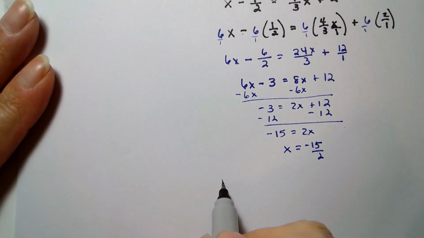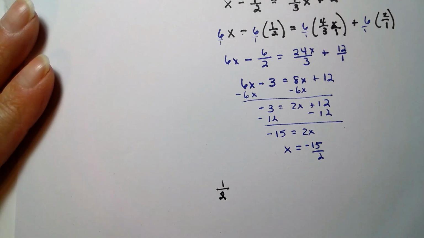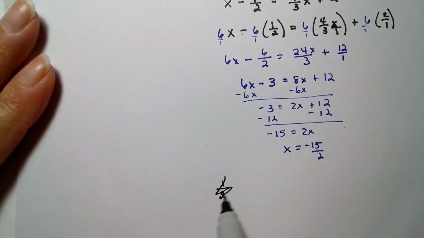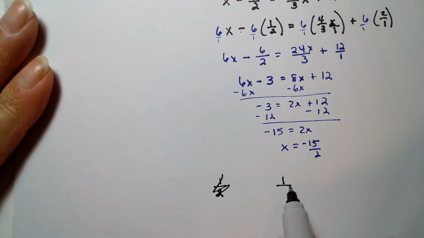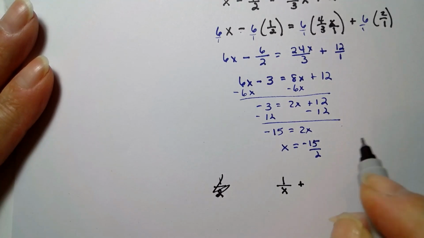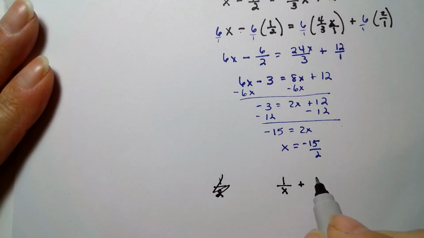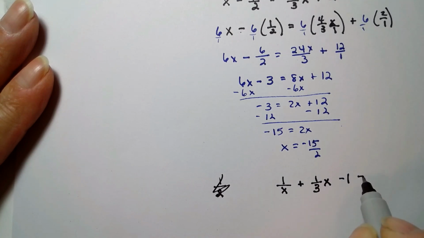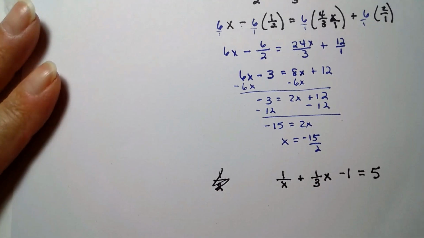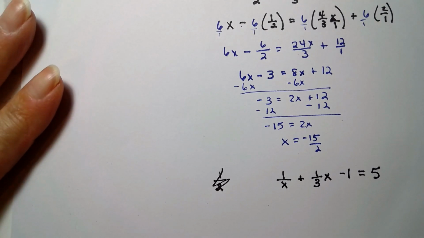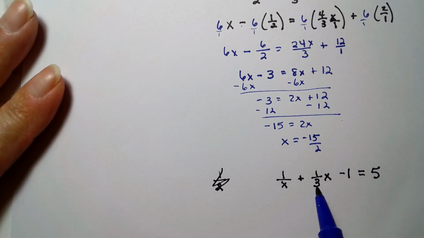How about this one? Alright, scratch that. 1 over x plus 1/3 x minus 1 equals 5. What's the common denominator? The things that are different are x and 3.